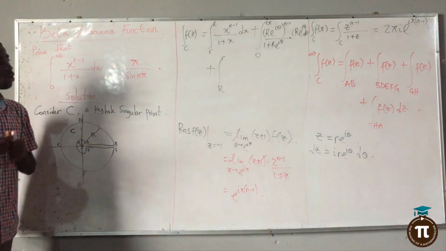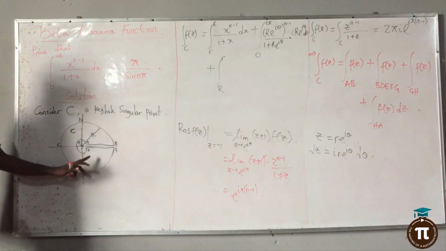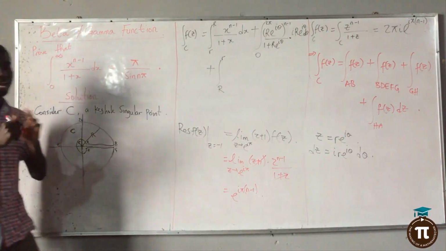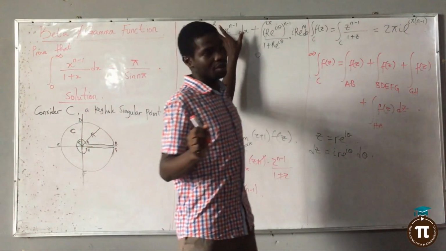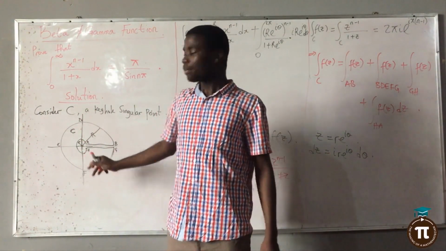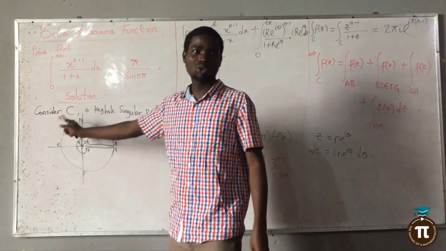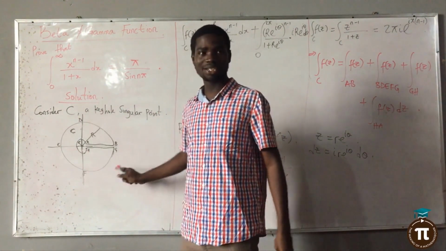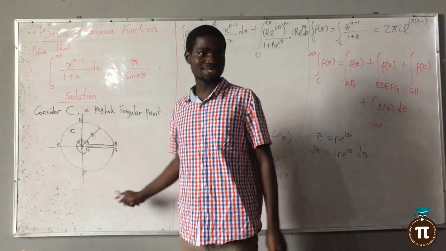Now this one will also be written in the real form, like we won't write the complex form of this. But don't forget, the function has completed a revolution already. It has completed a circle.